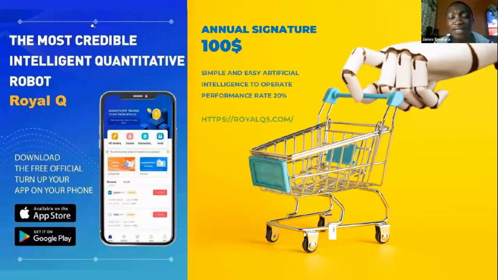So where it can take the 20% is from your fuel fee. Let us say, for instance, you make a profit of $10. You take $8, and then the robot takes $2.